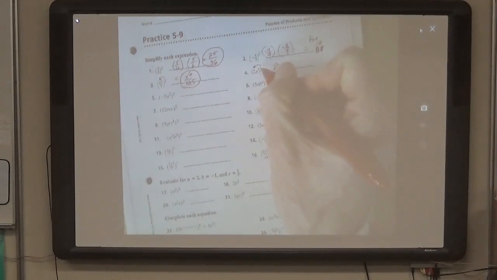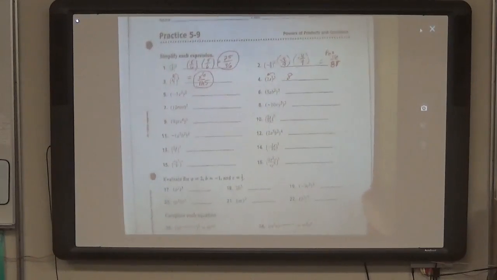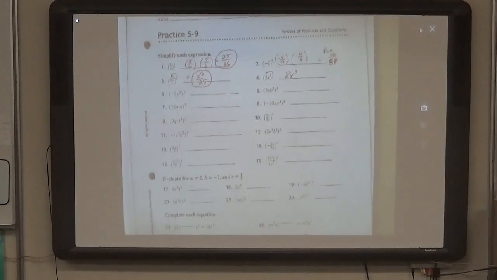So since this is a power of a power, 3 times 1 is 3. x to the 3rd. 8x to the 3rd power. Okay? You getting this? Makes sense?